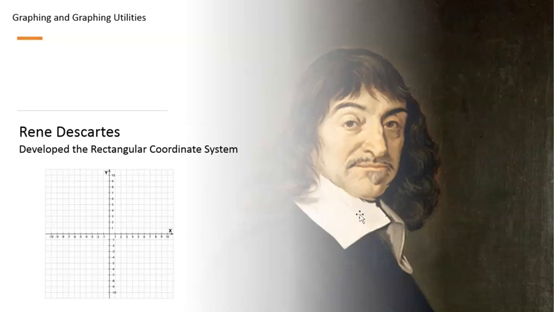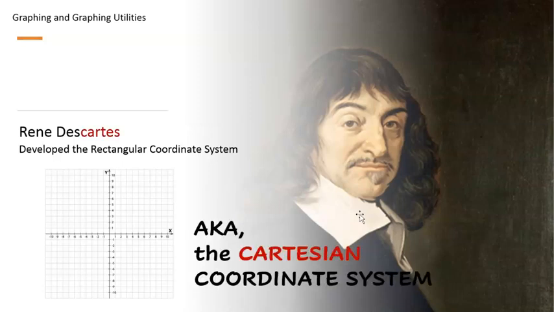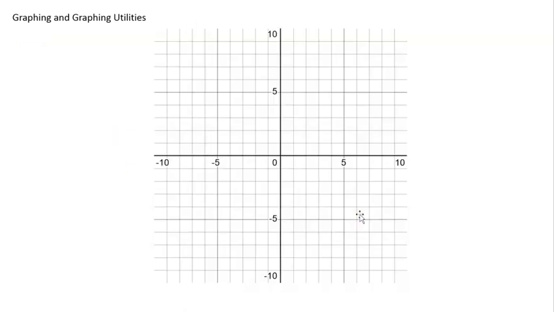This thing has another name, the Cartesian coordinate system. Where does that come from? Well, René Descartes. So anytime you hear the Cartesian coordinate system, that is named after the founder, René Descartes. Now, what about this Cartesian coordinate system?